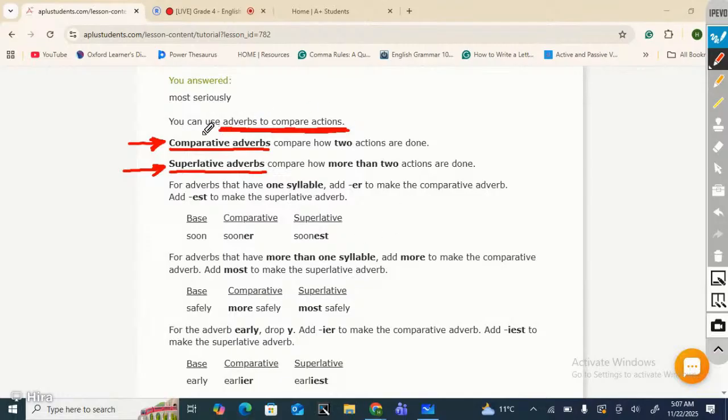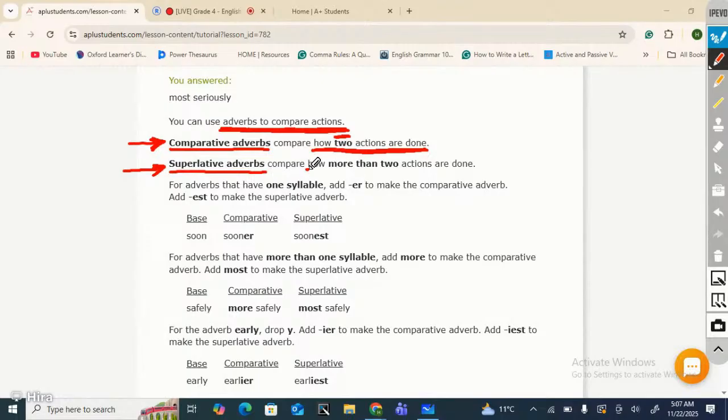Okay. How does a comparative adverb compare two actions? Comparative adverbs compare how two actions are done. It compares two actions, remember. And what about superlative adverbs?